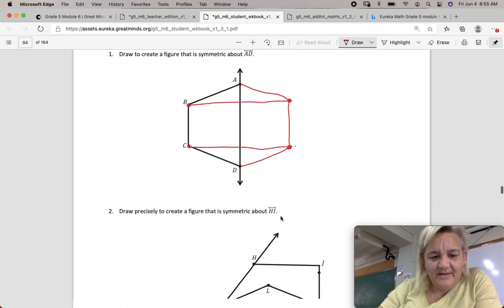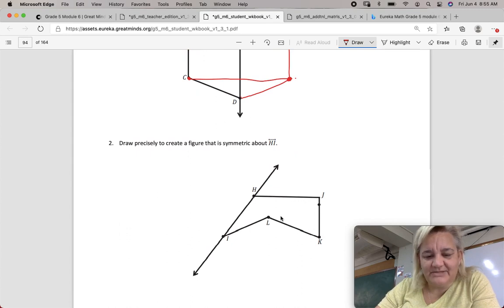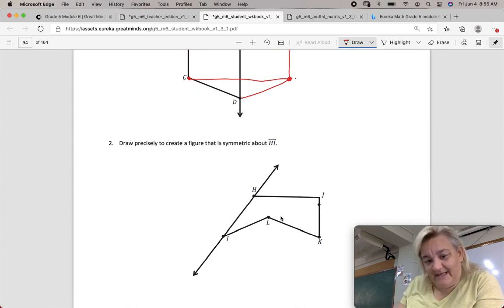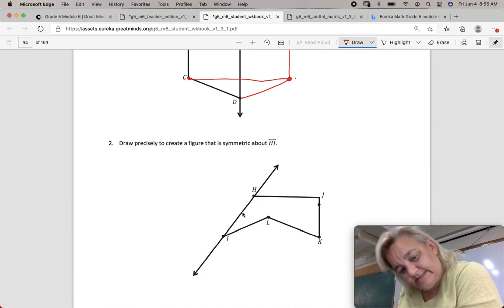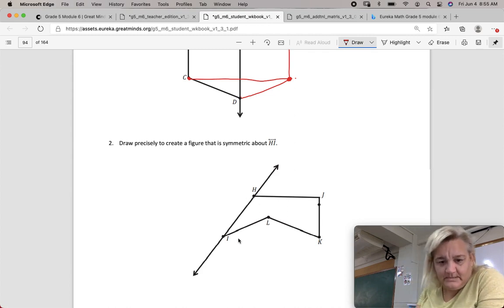Draw precisely to create a figure that is symmetric about H1. Again, I'm going to find my perpendicular lines. So let me see here. I'm going to need a right angle here. Wait a minute. In fact, I'm going to use that right angle right there, and this right angle here.